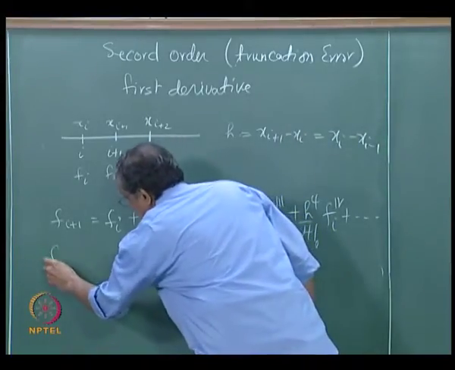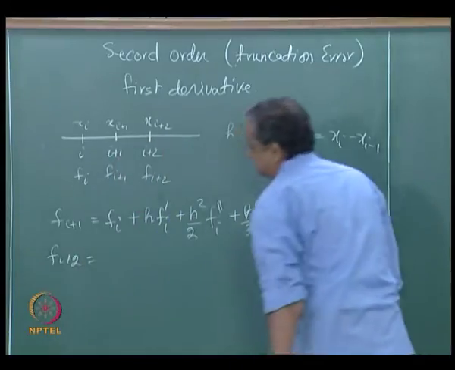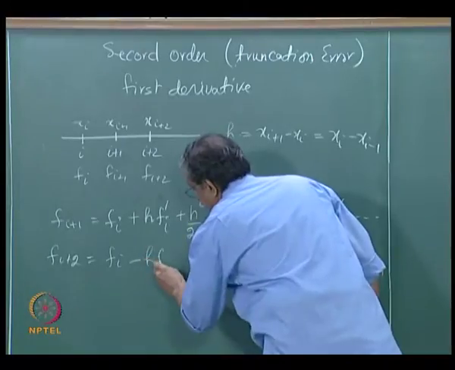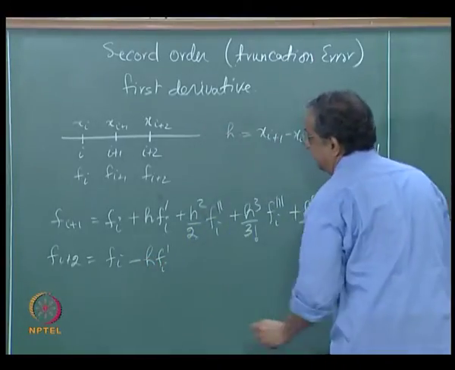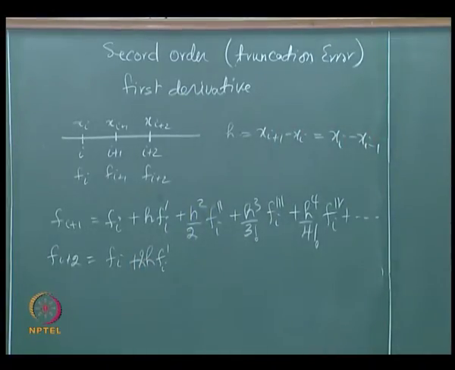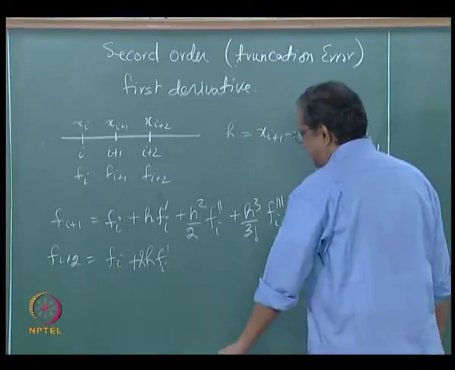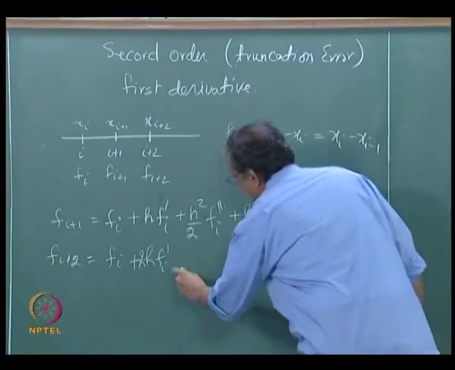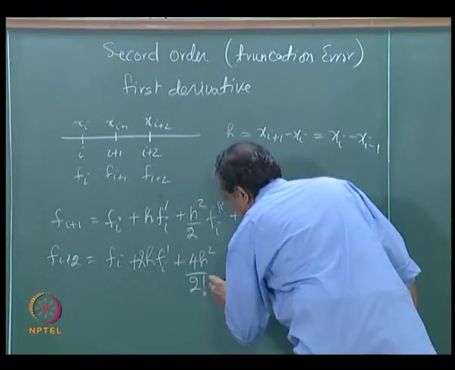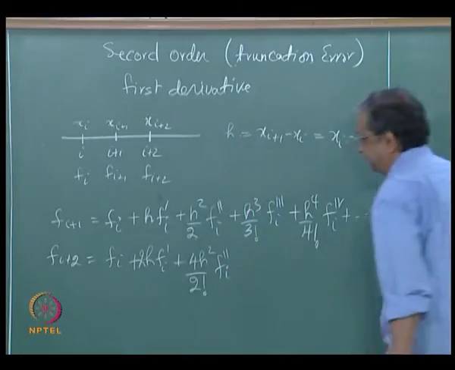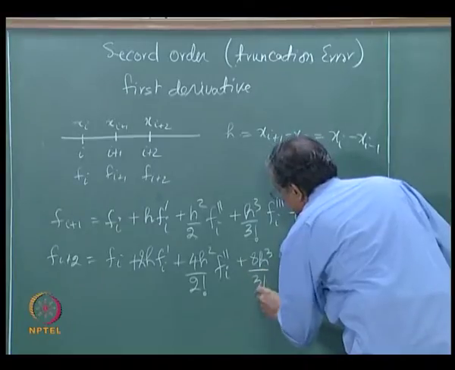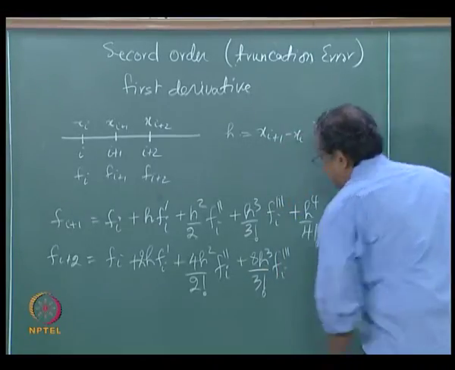In a similar fashion, f_{i+2} is f_i plus, I am sorry, plus 2h times f prime at i. You can see in my mind I did an i minus 1; you have to be very careful. Plus 4h squared by 2 factorial f double prime at i, plus 8h cubed by 3 factorial f triple prime at i.